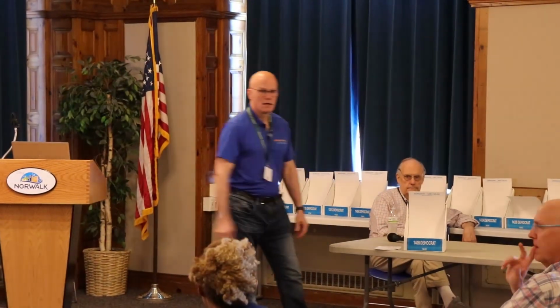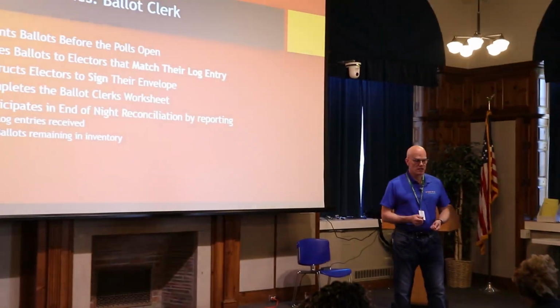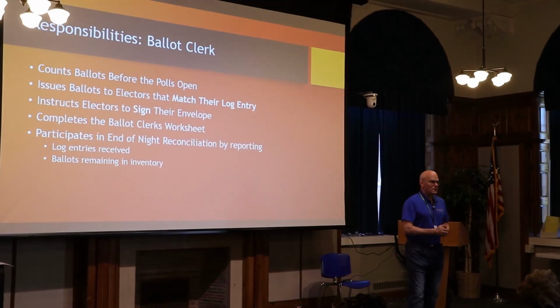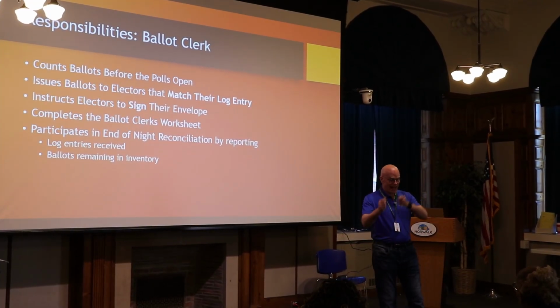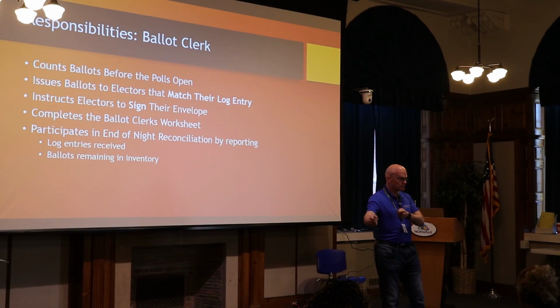The ballot clerks get the spoiled or abandoned ballots back. Yes. I think I have a section on that. Yes, so spoiled and abandoned ballots, if somebody does spoil a ballot, you'll change it out. Please be aware that you have to check the ballot to make sure you replace it with the exact same ballot.